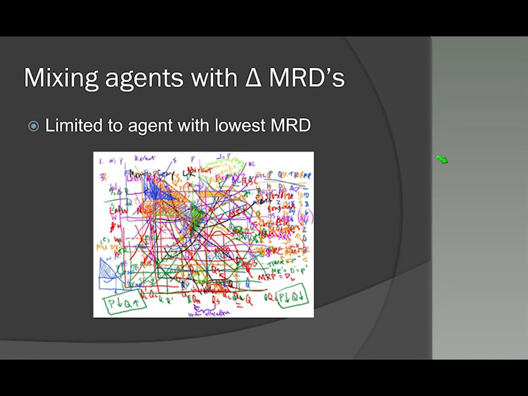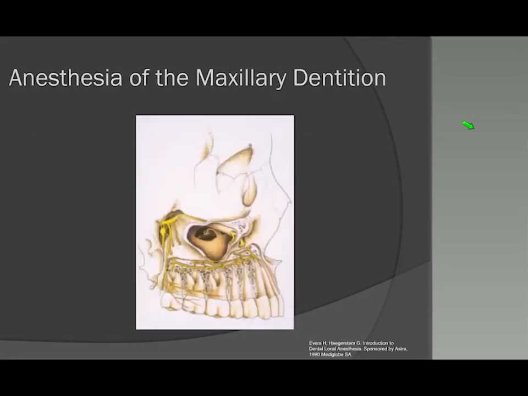You switch to local anesthetic B, and its maximum recommended dose calculation that you come up with is 5 cartridges. Your new limit, regardless of what anesthetic you want to continue giving, will be 5 cartridges, the lowest. So unless you're really good at sophisticated pharmaceutical calculations, that's a foolproof way to do it.